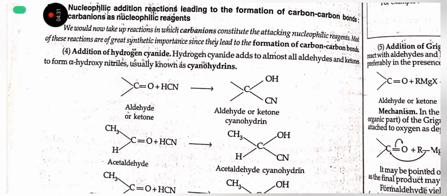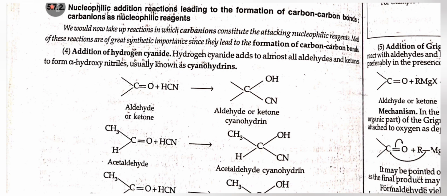Nucleophilic addition reactions leading to the formation of carbon-carbon bonds, with carbanions as nucleophilic reagents. We now take up reactions in which carbanions constitute the attacking nucleophilic reagent. Most of these reactions are of great synthetic importance since they lead to the formation of carbon-carbon bonds.